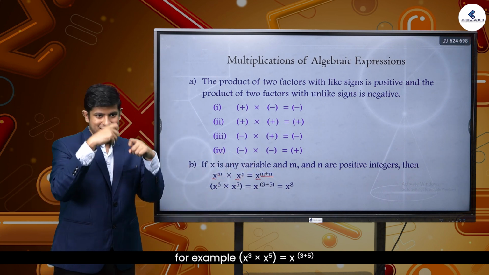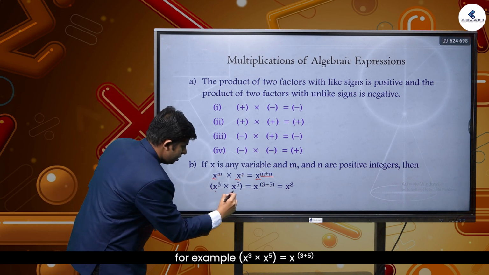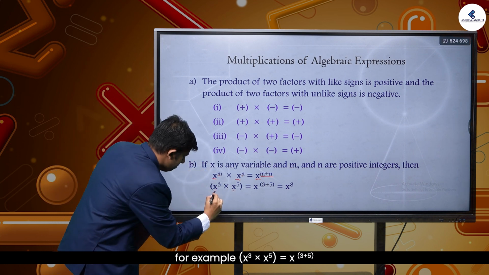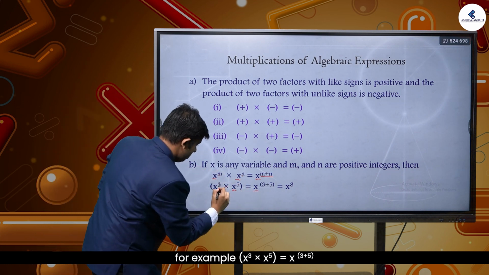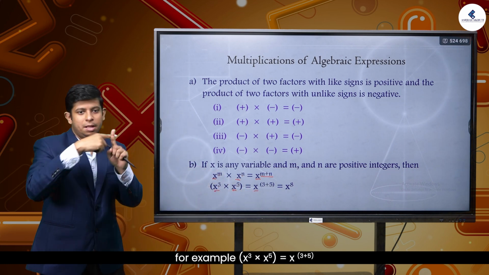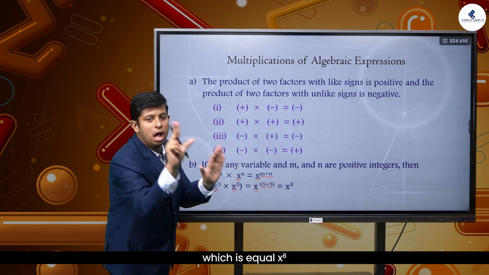For example, x to the power of 3 into x to the power of 5 is equal to x to the power of 3 plus 5, which is equal to x to the power of 8.